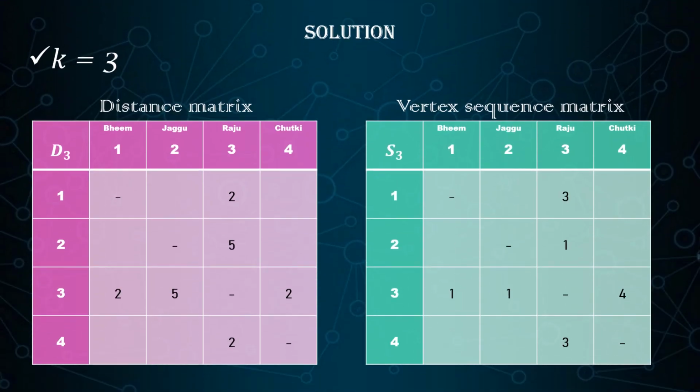Now we shall compute for k is equal to 3 by keeping the third row and third column fixed and computing the rest of the values.